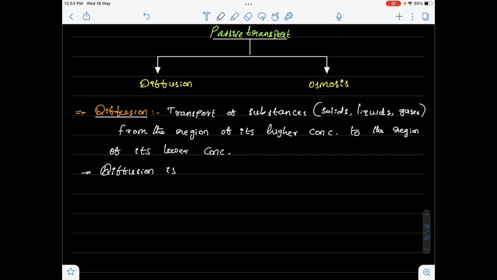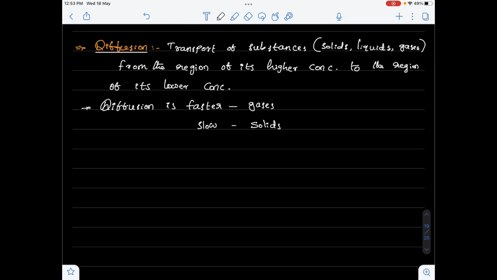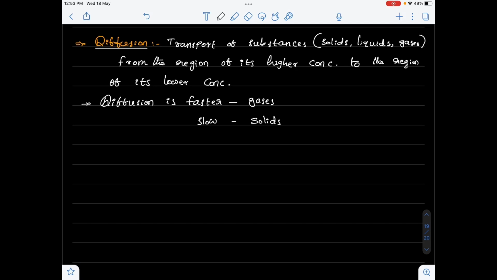Diffusion is faster in gases and slow in solids. And we can understand medium in liquids.